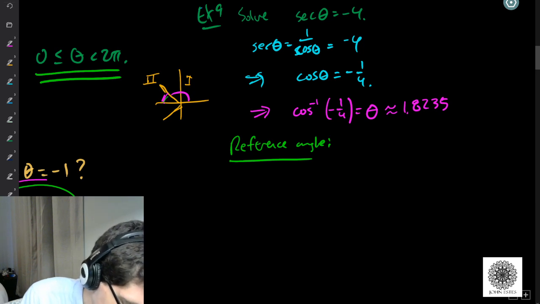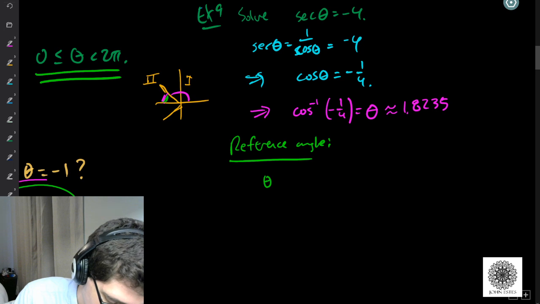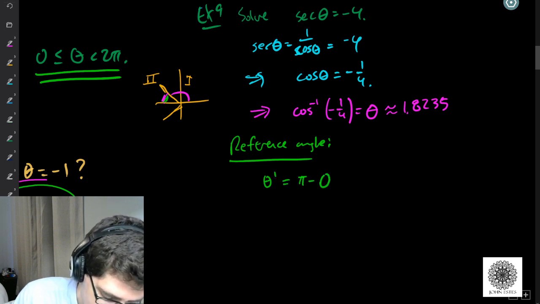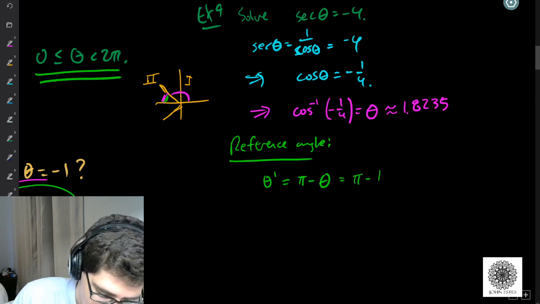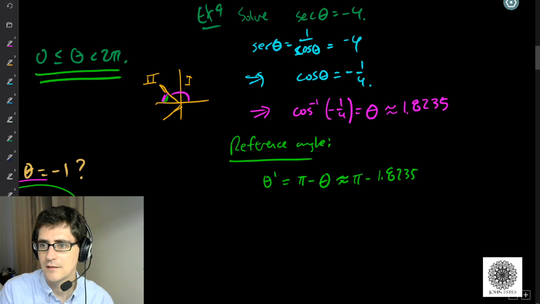So there's my reference angle. I know theta right there is a quadrant 2 angle. So my reference angle, which I'll call theta prime, is going to be pi minus that value of theta. So that's going to be pi minus 1.8235, approximately.